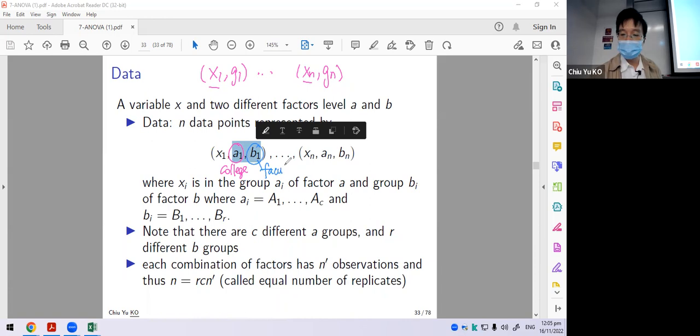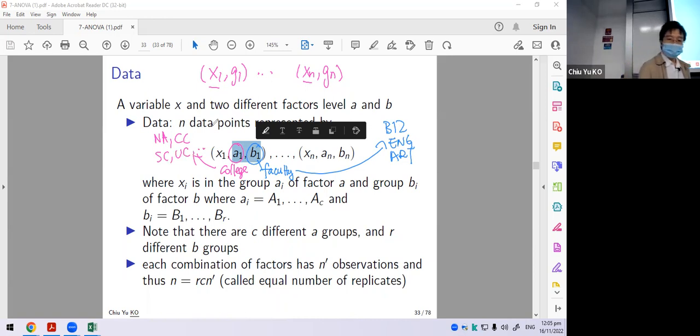For example, whether they are in the business school, in engineering, or in arts. The college can be, say, NA, CC, SC, UC, and so on. So each data observation, or student, can be characterized by two groupings, or we call them two factors. One factor is college, the other factor is faculty.